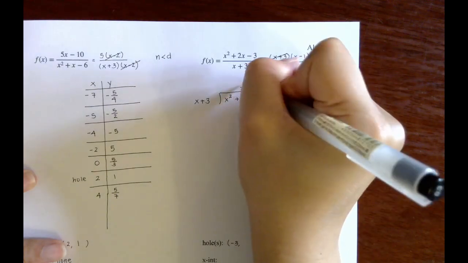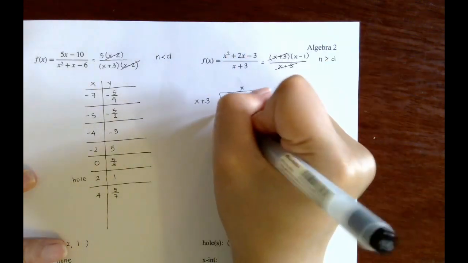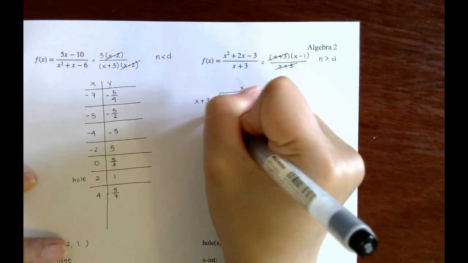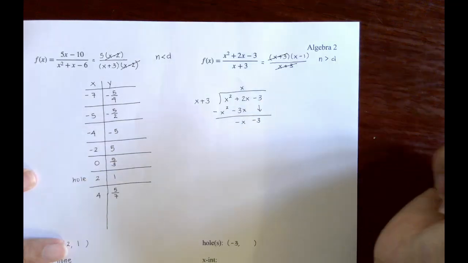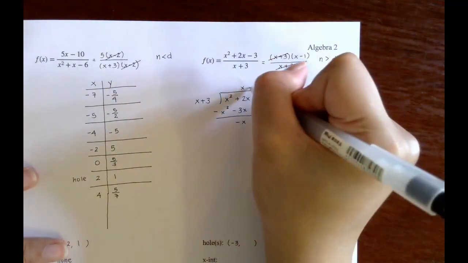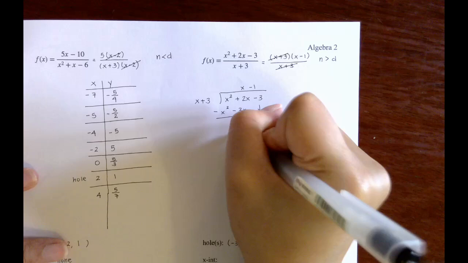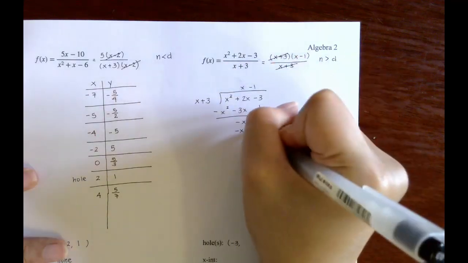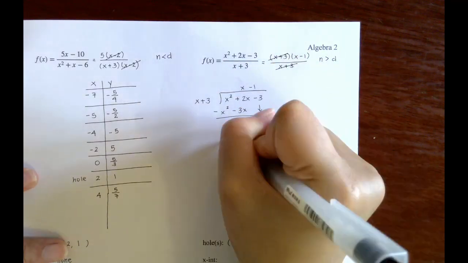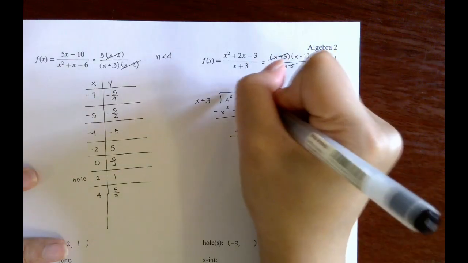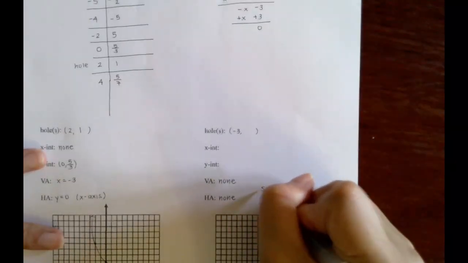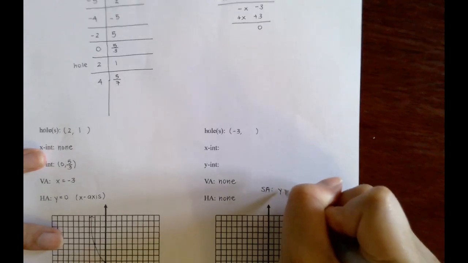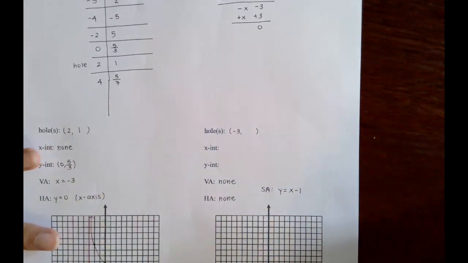So then x times x will give me x squared, 3x, subtract, this becomes -x minus 3, okay, -1, right, so then -1 times x is -x, 3 times -1 is -3, and then we're subtracting it, so that turns it into positive, so 0. So I have a slant asymptote this time at y equals x minus 1. So instead, this time, I have a slant asymptote, and it's going to be at y equals x minus 1.